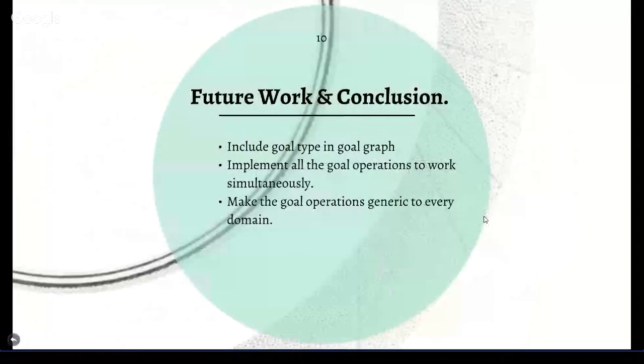Let's take a look at the future work here. We want to introduce a new variable called goal type, which would associate the type of the goal into the goal graph. We think that this, with many other factors, would help in making the goal operations more flexible.